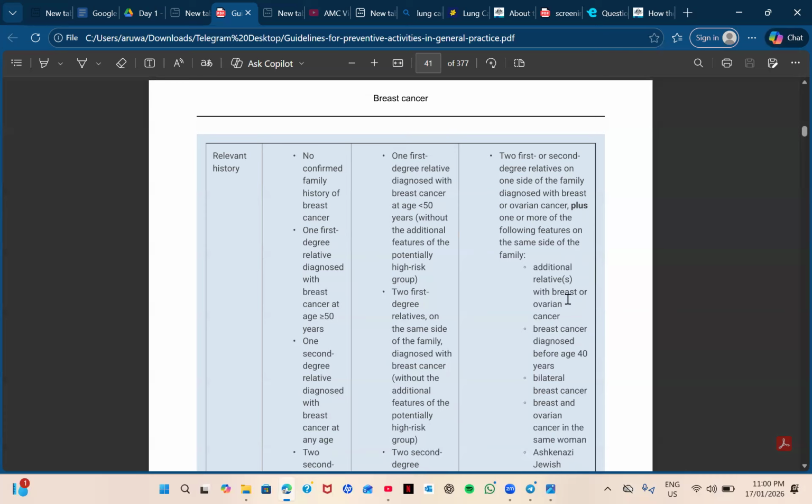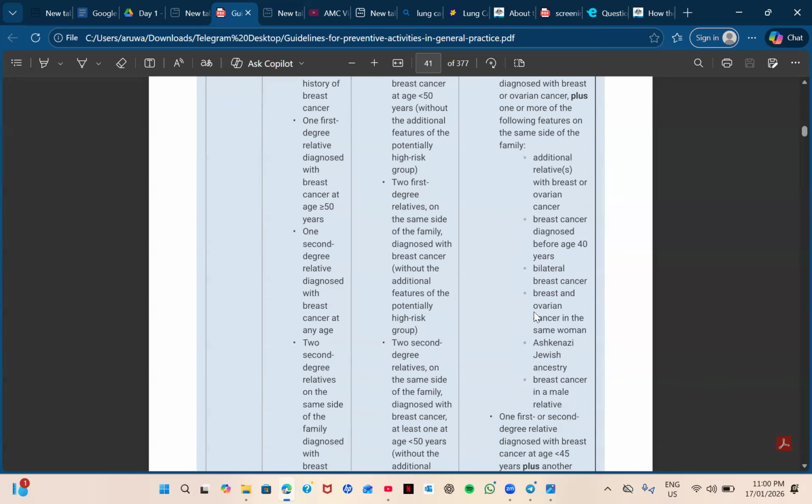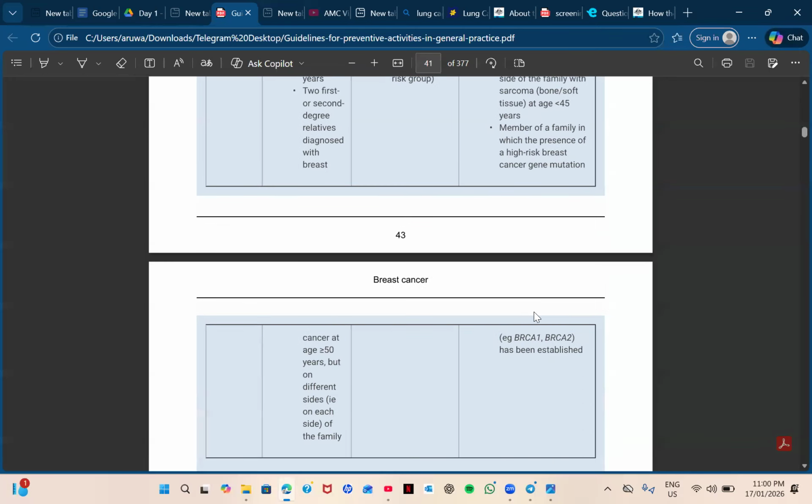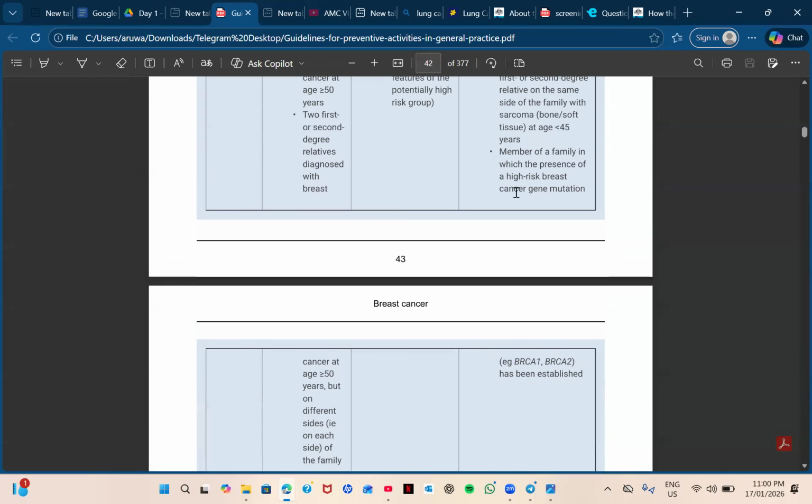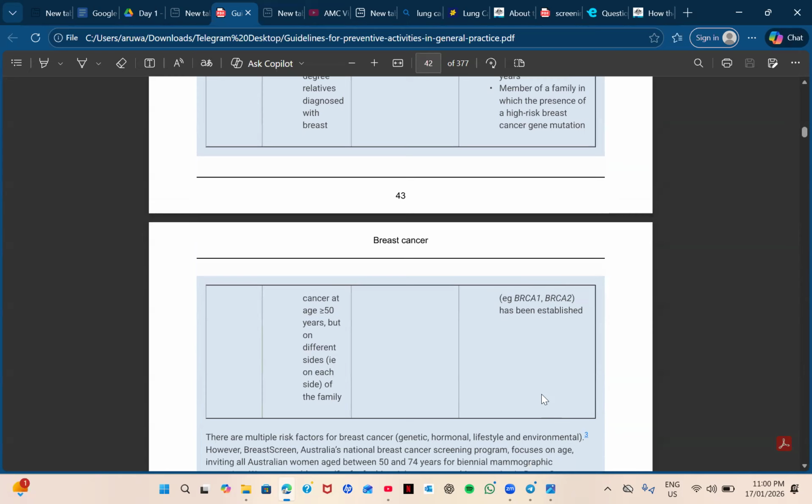You don't have to remember word by word, just keep a general idea, then you will find it. And a member of a family in which high risk breast cancer gene mutations, BRCA1 and 2, are present. Okay, so these are the high risk.